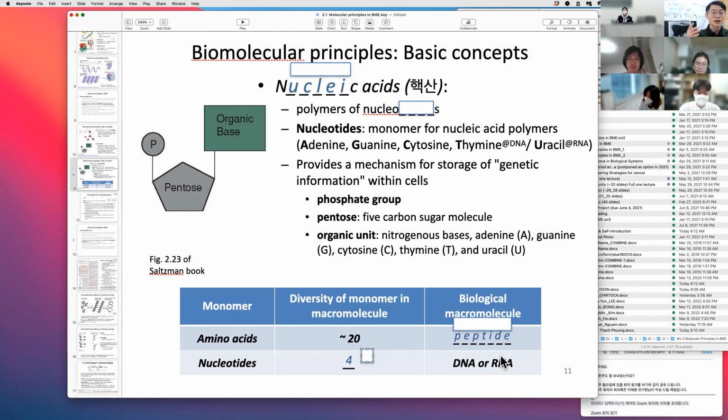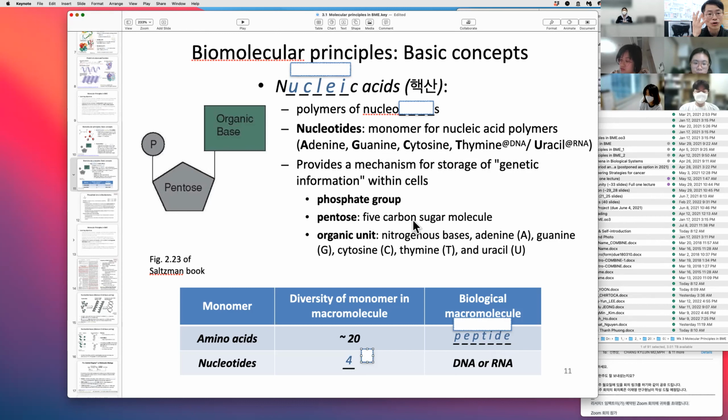This could be a little confusing for some of you, but for creating a macromolecule such as DNA or RNA, you have to think what the alphabet of this molecule is and how many letters there are. For DNA and RNA, there are only 4 for each: ATCG, adenine, guanine, cytosine, thymine, or AUCG, adenine, uracil, guanine, and cytosine.